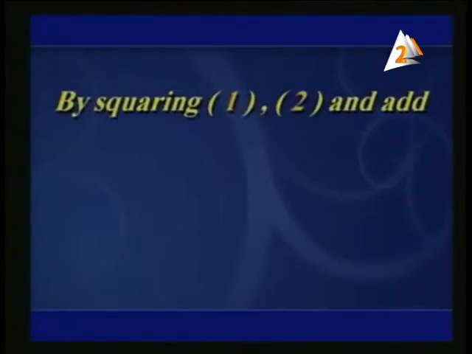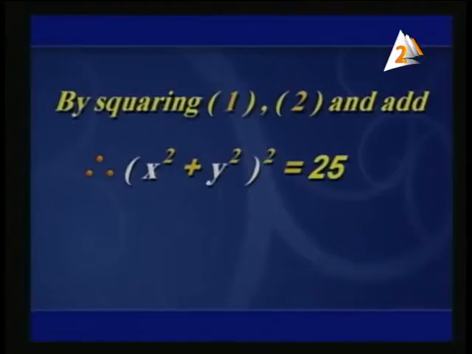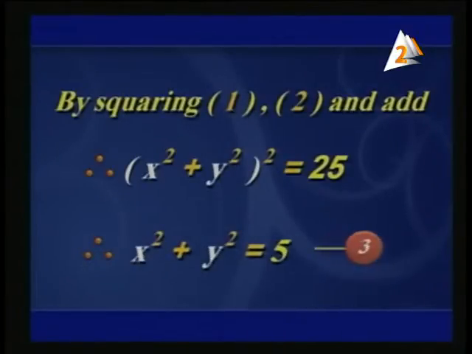By squaring 1 and 2 and adding, (x squared plus y squared) squared equals 25. Therefore, x squared plus y squared equals 5, and this is equation number 3.